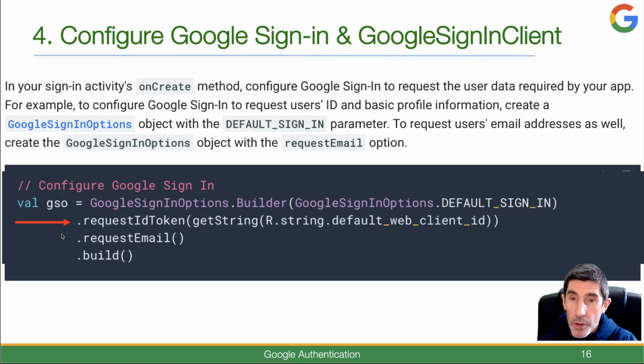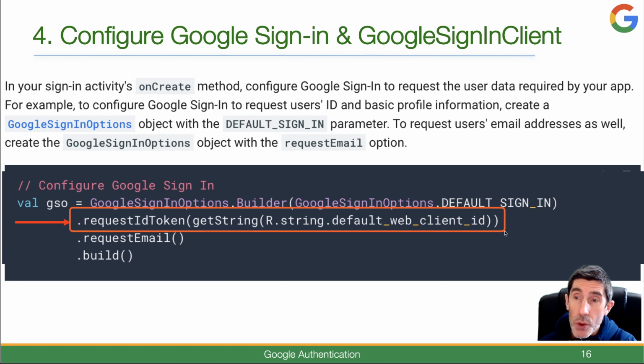Oh, sorry, one final thing there. This is important. This requestIdToken, we need this to authenticate against our Firebase backend. So this default web client ID will be embedded in your google-services JSON file. So that's important there. We can use this to authenticate against any backend server.